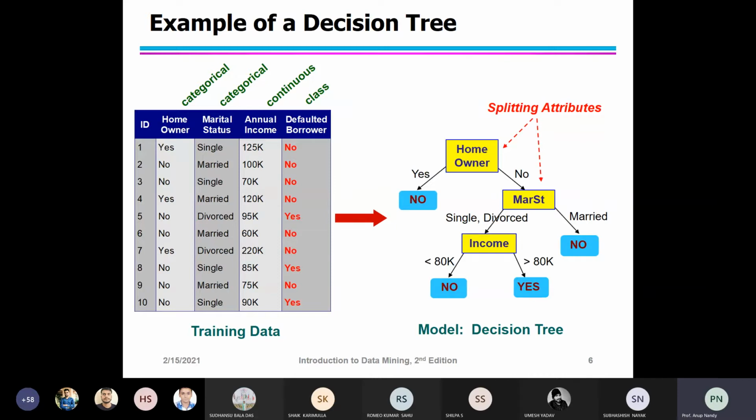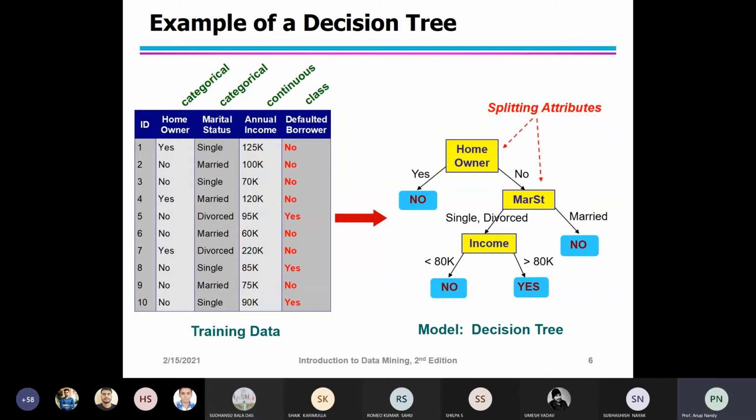But after understanding which techniques can be applied for splitting, only then can you decide which of the 3 attributes should be split. For the present moment, for understanding, I'm taking homeowner as the splitting attribute, and it has yes and no.